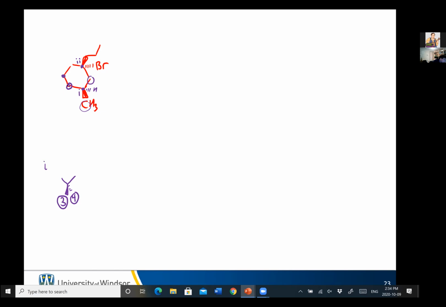And now instead of comparing these 2 carbons, I'm comparing this carbon and our carbon 2. And I ask myself again, what is the heaviest thing that carbon is attached to? The heaviest thing carbon 2 is attached to is a bromine, whereas the heaviest thing this carbon is attached to is another carbon. And bromine's heavier than carbon.